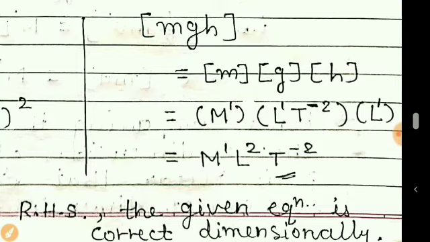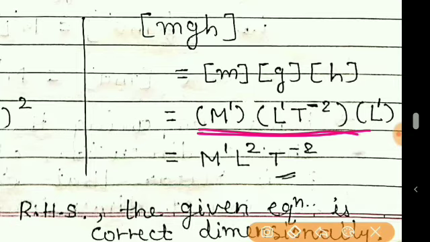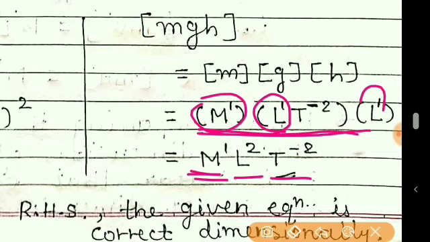Now combining all this and writing in terms of M, L and T. M raised to 1, L here it is power 1 and here also it is power 1, so 1 plus 1 is 2, so the power of L here is 2, and only T raised to minus 2 remains, and that is kept here as it is.